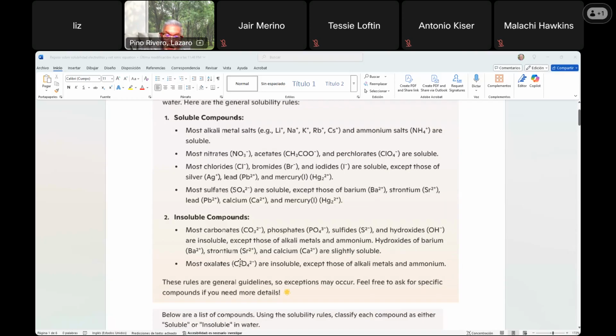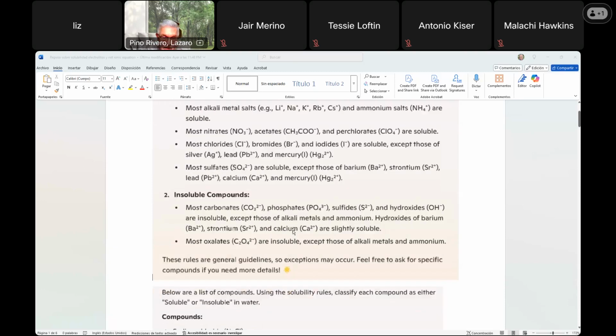And most oxalates are insoluble, except for those of the alkali metals. Okay? Well, these are the rules that you have to take into account in this chapter.